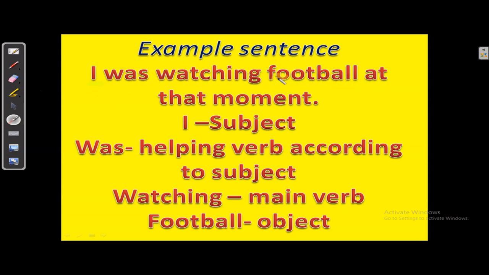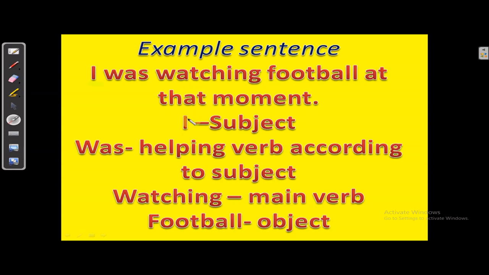How to find the object, I think I have made a video for the same. You can go for that video too, in the same channel. So how to find the object? I was watching what? Football, at that moment. That's a particular kind of use that we're going to talk about later, when we talk about the uses of the past continuous tense.